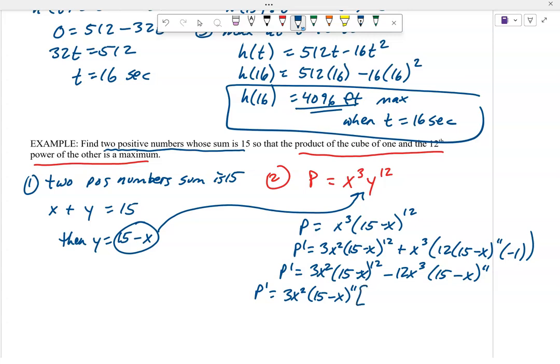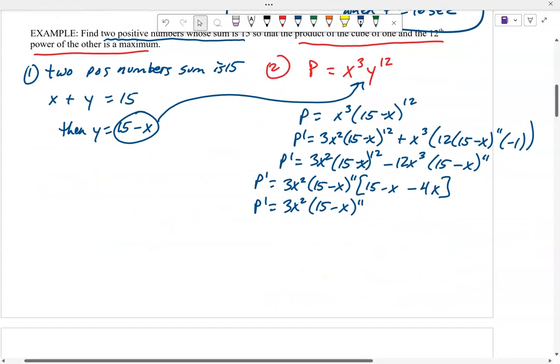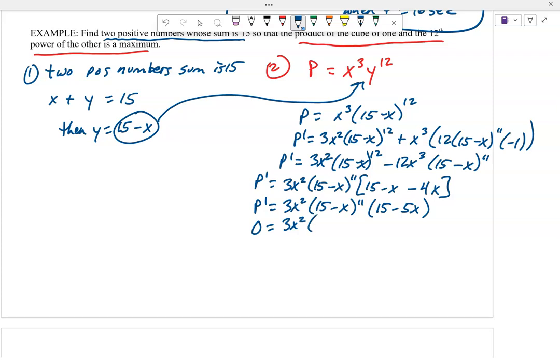We'd be left with a 15 minus x in that first term, and we'd be left with a minus 4x on that second term. So we've got 3x squared, 15 minus x to the 11th, and then 15 minus 5x. Set that equal to 0.